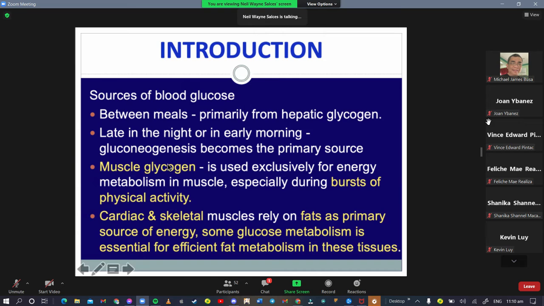Your muscle glycogen is used exclusively for energy metabolism in muscle, especially during bursts of physical activity, because you need more energy, so you need more glucose, you need more ATP. The cardiac and skeletal muscle, on the other hand, rely on fats as the primary source of energy. Some glucose metabolism is essential for the efficient fat metabolism in these tissues.